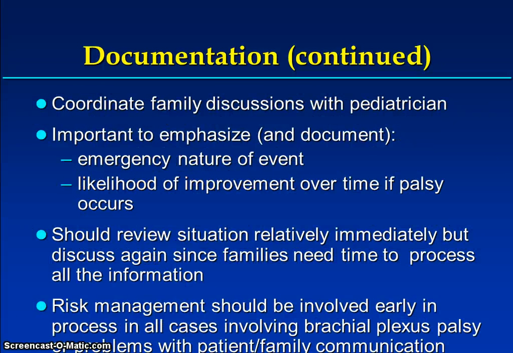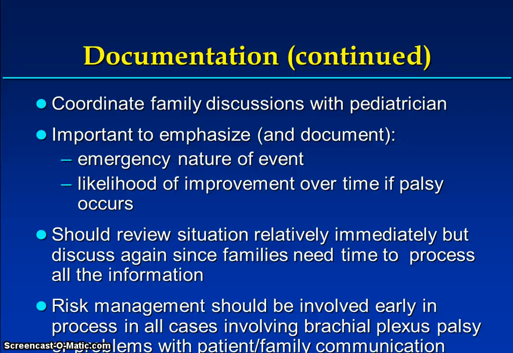When, in particular, an injury has occurred, family discussions need to be coordinated with the pediatrician so that basically the same information is being given by the obstetrician or midwife as well as the pediatrician. It's important to emphasize the emergency nature of the event and the likelihood of improvement over time if a neonatal brachial plexus palsy occurs.